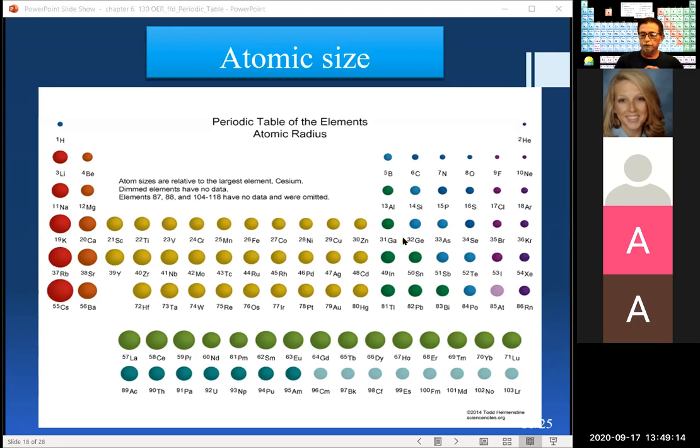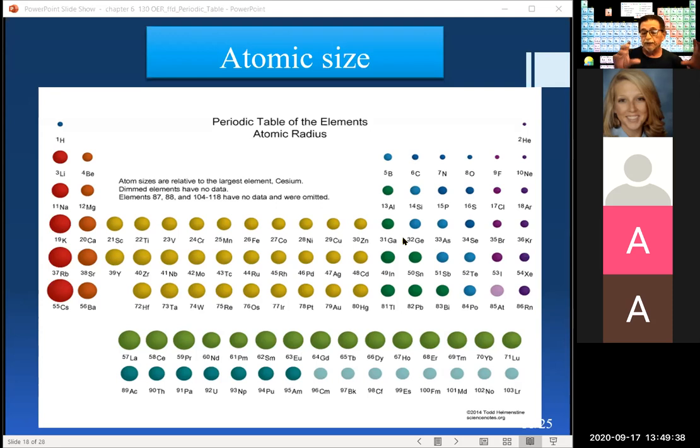Okay, so the circles are just not correct. Yeah, no, the circles are correct. Okay, let me restate that. You can see from the other elements the trend gets smaller. The numbers underneath represent which isotope we're working with, okay?